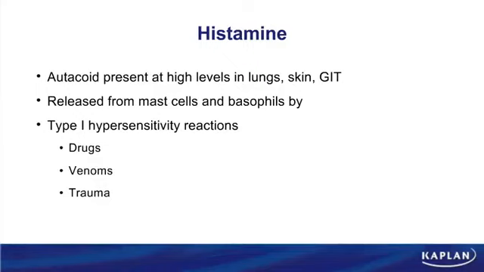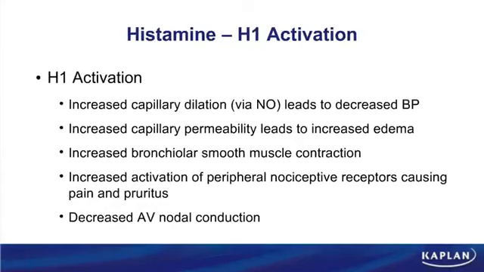Histamine works through a couple of G protein linked receptors, which we'll talk about on the next couple of slides. Most of the effects of histamine in the body are mediated by binding to histamine H1 receptors. So when you think about H1 activation, you get vasodilation through the formation of nitric oxide.